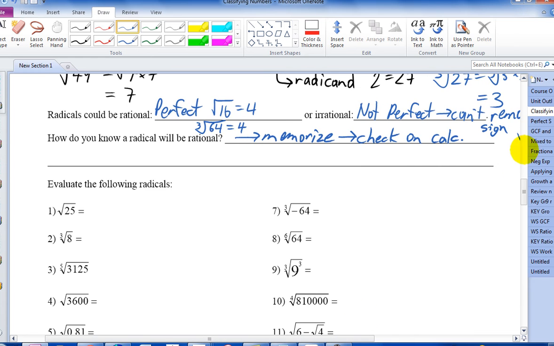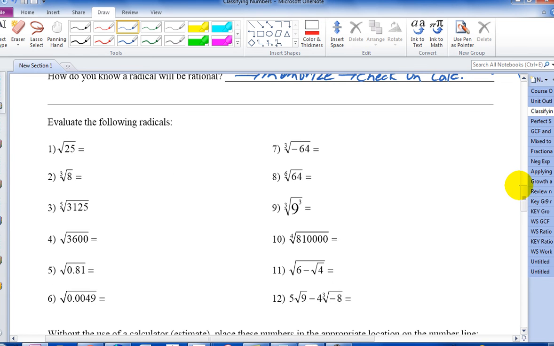Next, evaluate the radicals. Okay, square root 25. What is that one? So evaluate means simplify. Tell me the answer. I'm looking for a number. Okay, square root 25, it's 5. What about this one? Now, I can simplify that to square root 5 times 5, which equals 5.